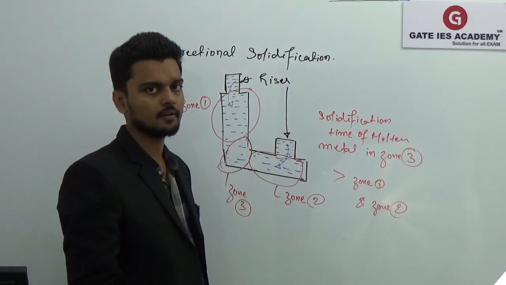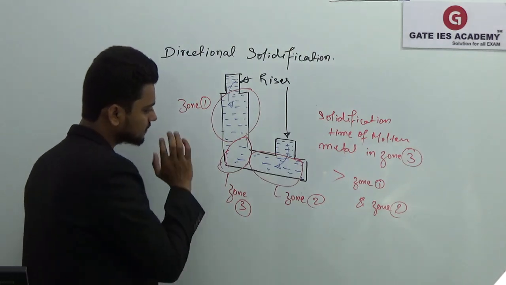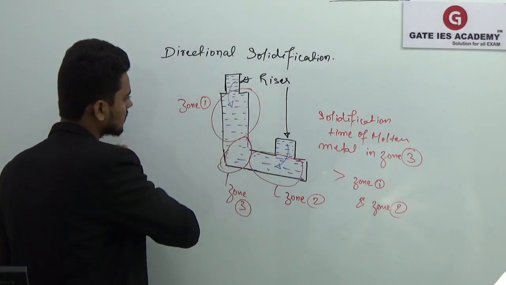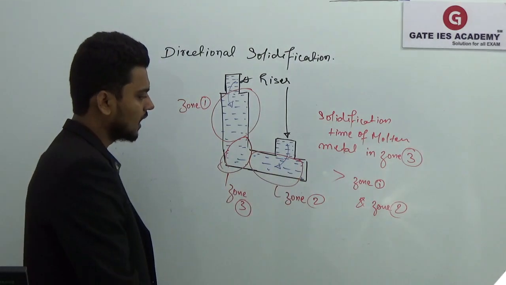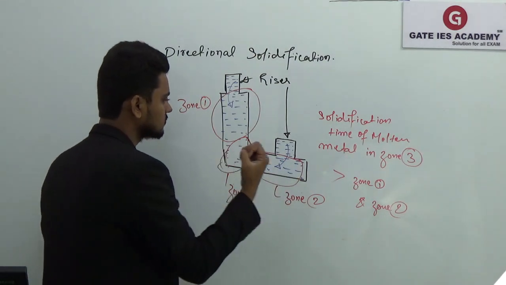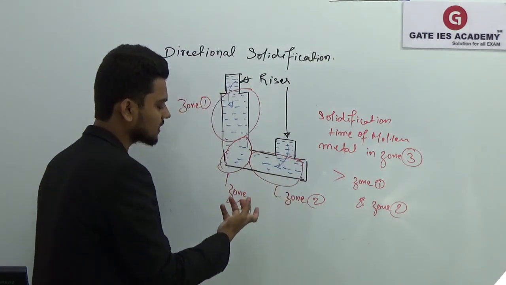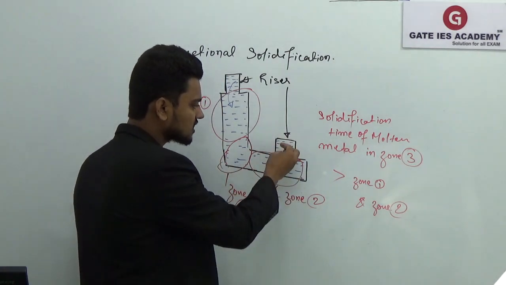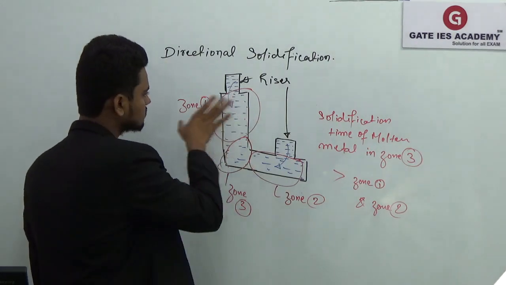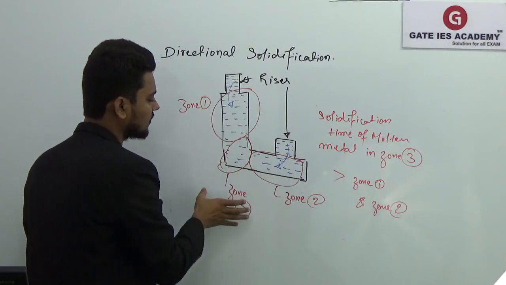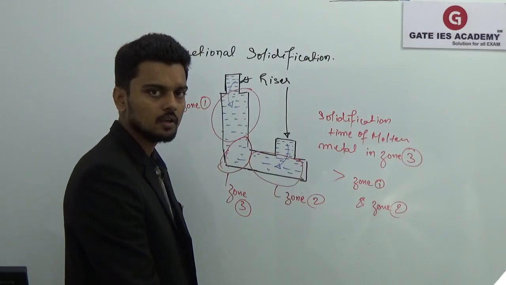2 has solidified. Now, if the molten metal starts solidifying in zone 1 and zone 2, obviously it will contract, there will be shrinkages, so extra molten metal will be supplied by this riser. And as I said, zone 1 and zone 2 have solidified before zone 3.